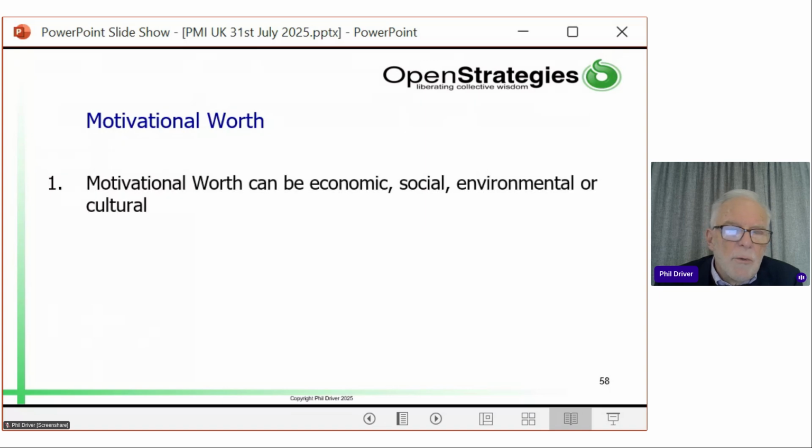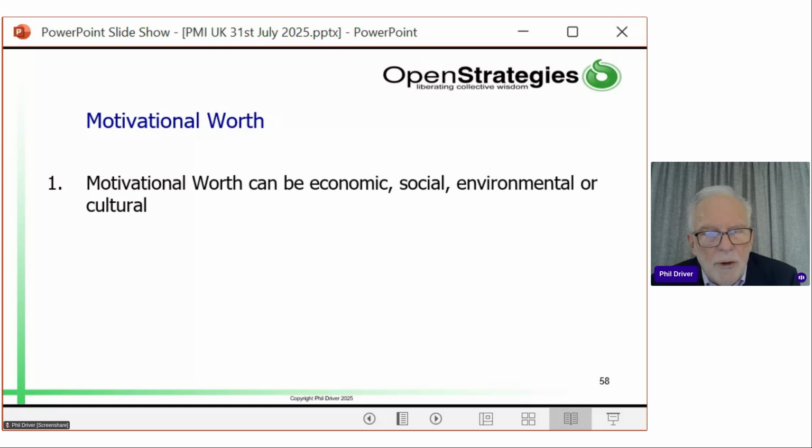So motivational worth can be economic, social, environmental, or cultural. And sometimes we try desperately to put an economic value on everything. End users don't do that. Very often, the least thing they're interested in is the economics. For many end users, economics are a means of achieving social worth, environmental worth, and cultural worth.